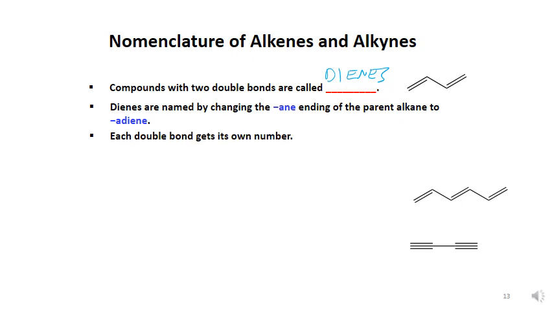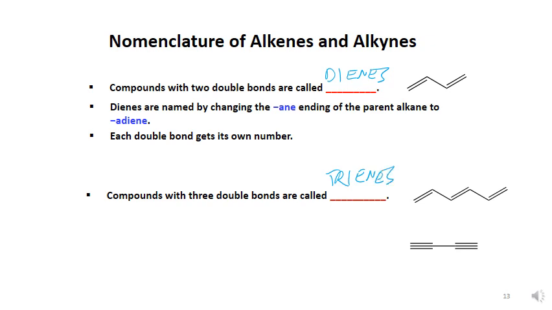Each double bond gets its own number, and you want to try to do the numbering so that the smallest numbers end up, right? And if you have a compound with 3 double bonds, they're not dienes, but trienes. And compounds with 2 triple bonds are called diynes.